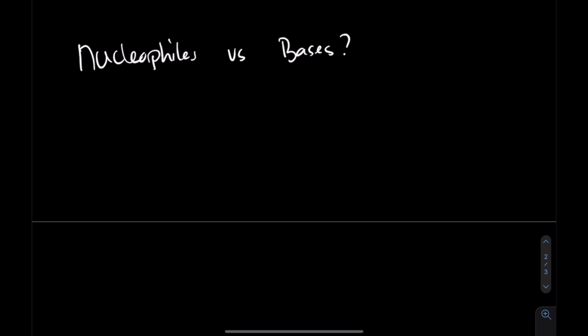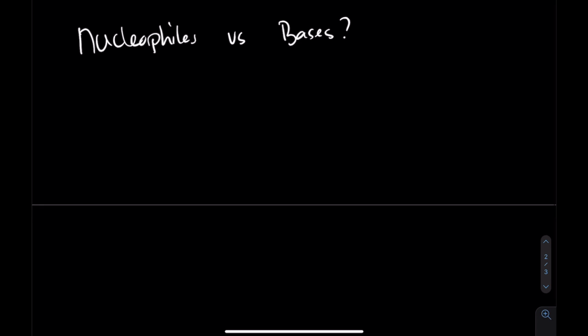So in the context of nucleophiles versus bases, you're still trying to really profile what the difference is, or what really makes a good nucleophile. And we know what makes a good base, because we went over acids and bases. A good base, at least a good Bronsted base, is just something that can pull a proton off.